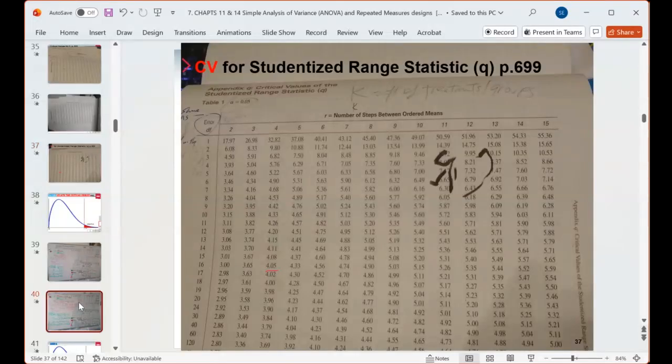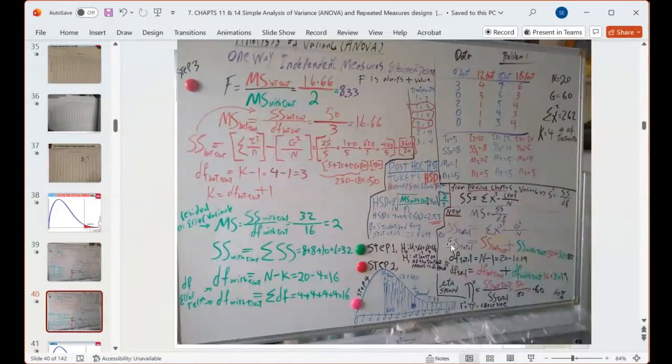We need that number, 4.05, and to plug it in here in the middle of this distribution. So Q, which is the Studentized range statistic, the value of it is 4.05, times the square root of MS within treatment, which we already calculated.